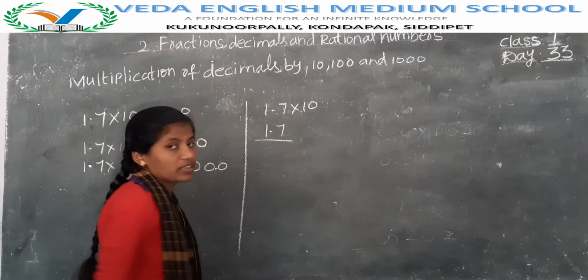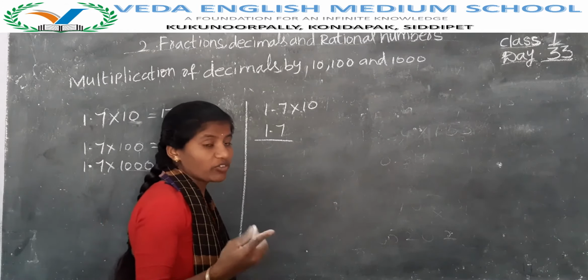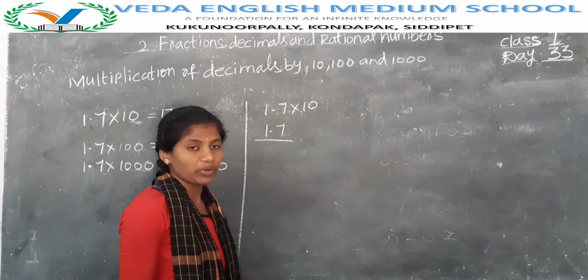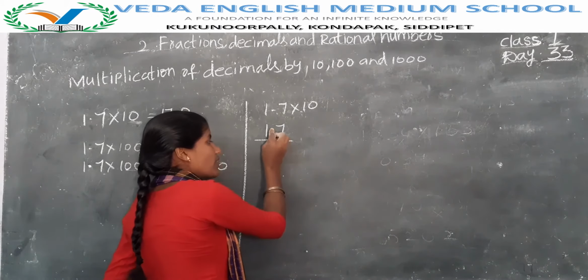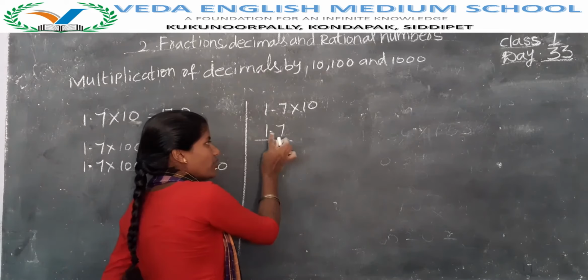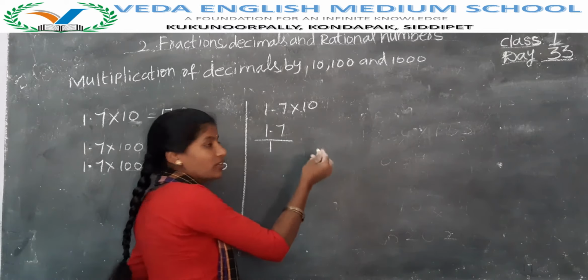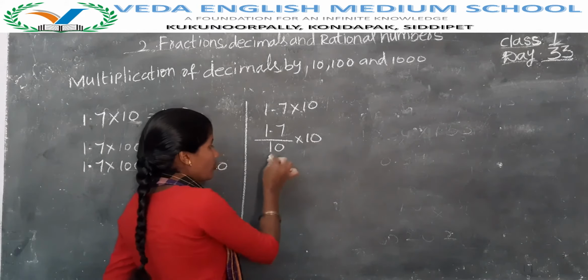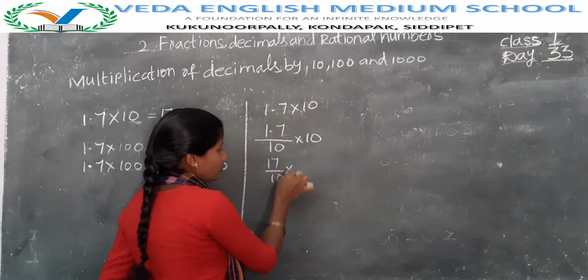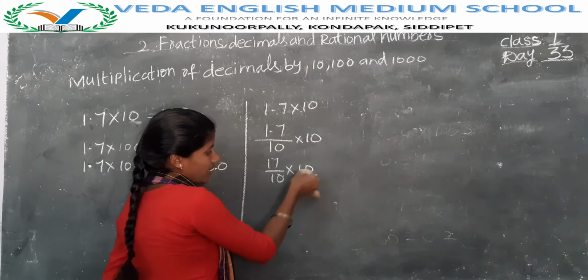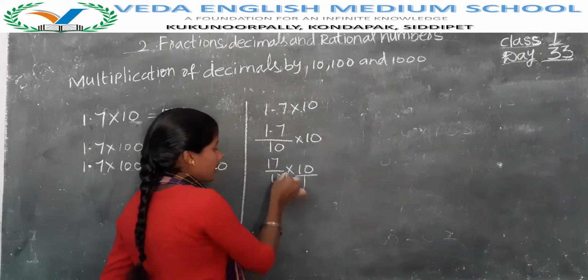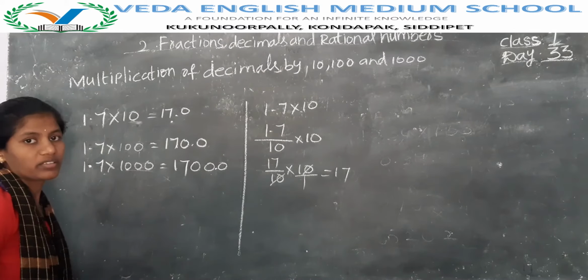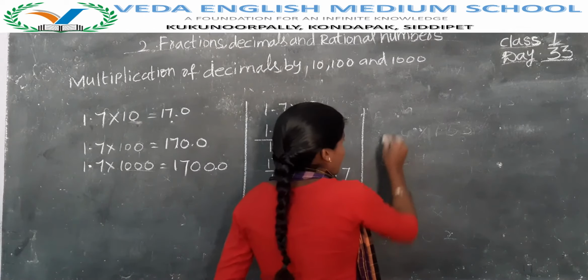Sometimes you have to remove the point. Then, while removing the point, instead of the point you will get 1 and after the point you have 1 digit, so you will get 10. So it becomes 17 by 10 into 10. Now you can cancel the numerator and denominator. 10 will get cancelled. 17 by 10 times 10 means 17 only. Okay.